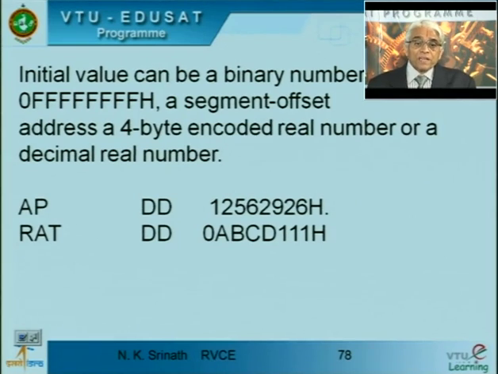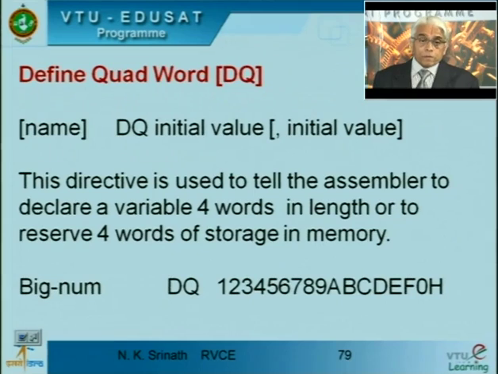A 0 has been given in the beginning, even though it is not going to be stored. It knows that this is a hexadecimal number that has to be stored. It is not a label, since it is possible to give a label in the program. This could be avoided by mentioning a 0 in the beginning.